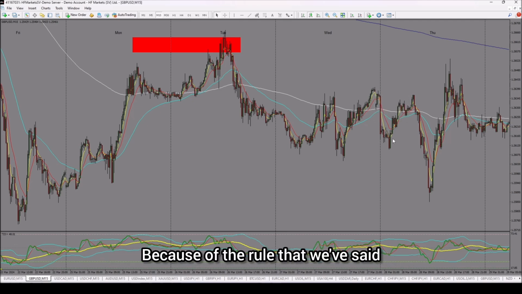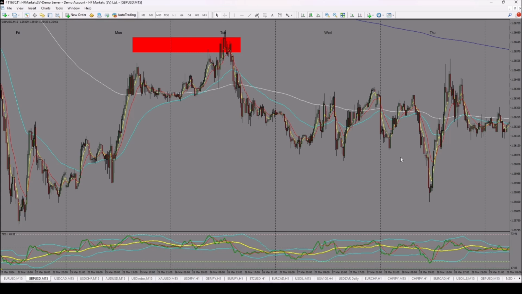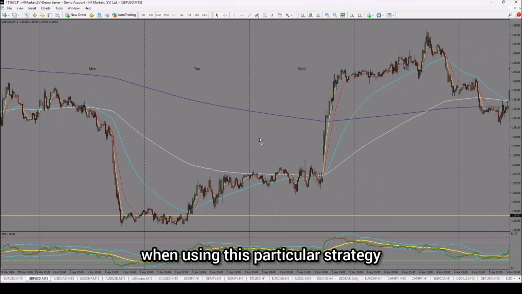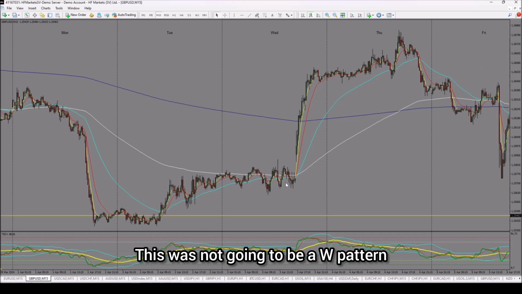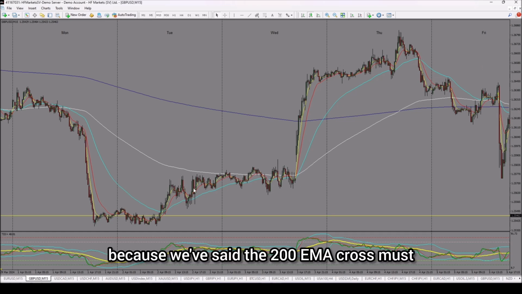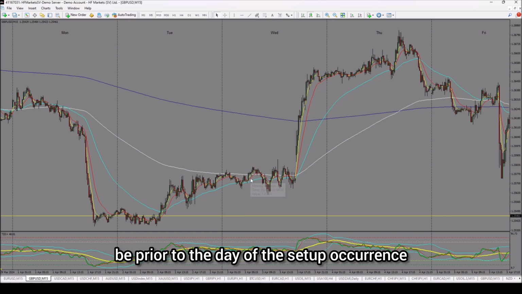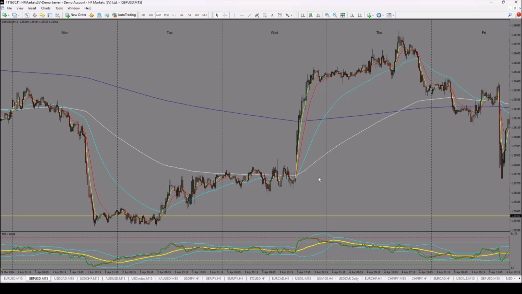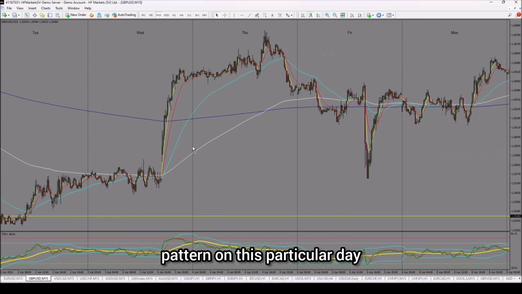Because of the rule that we do not hold trades overnight when using this strategy. This was not going to be a W pattern because the 200 EMA cross must be prior to the day of the setup occurrence. Therefore, we were not going to have a pattern on this particular day.